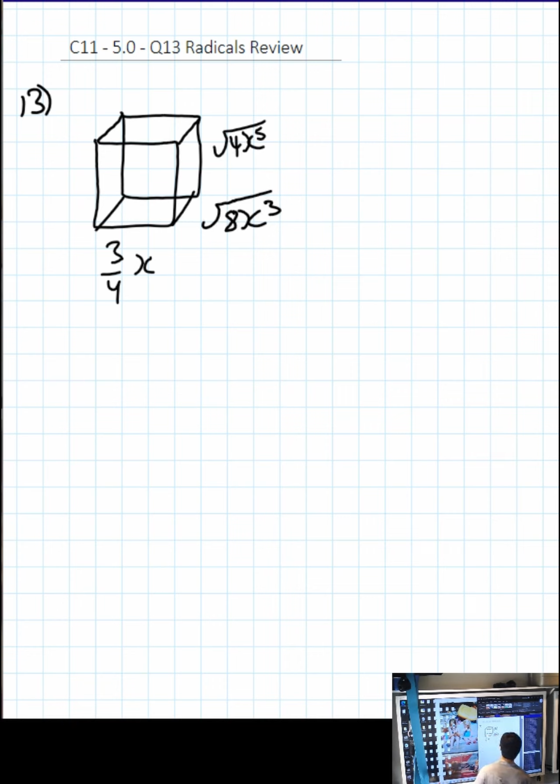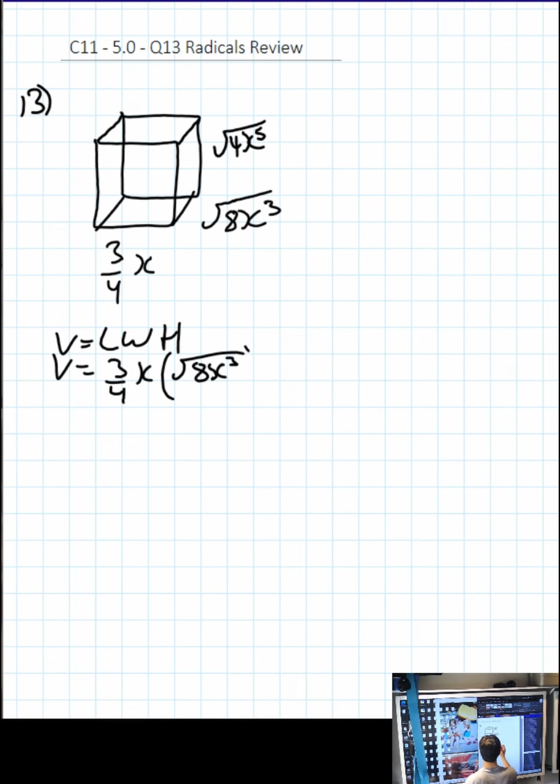Okay, so our volume formula is V equals LWH. Therefore, V equals 3/4x times the square root of 8x cubed times the square root of 4x to the 5.